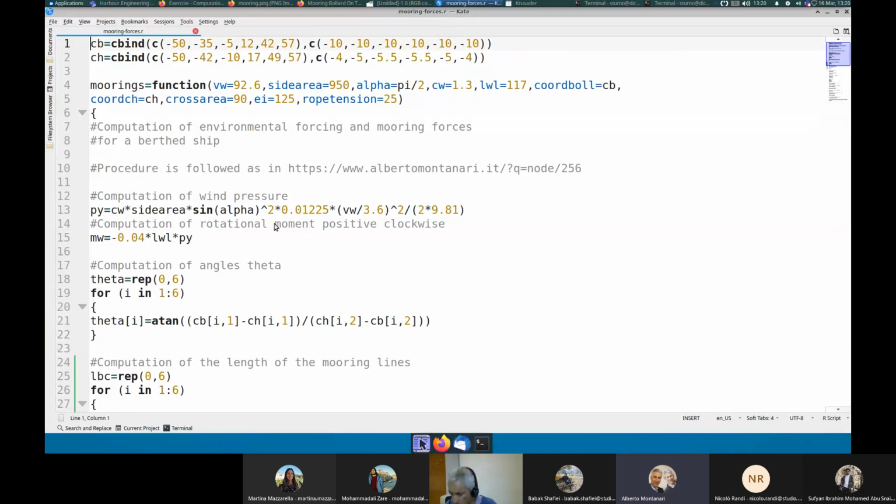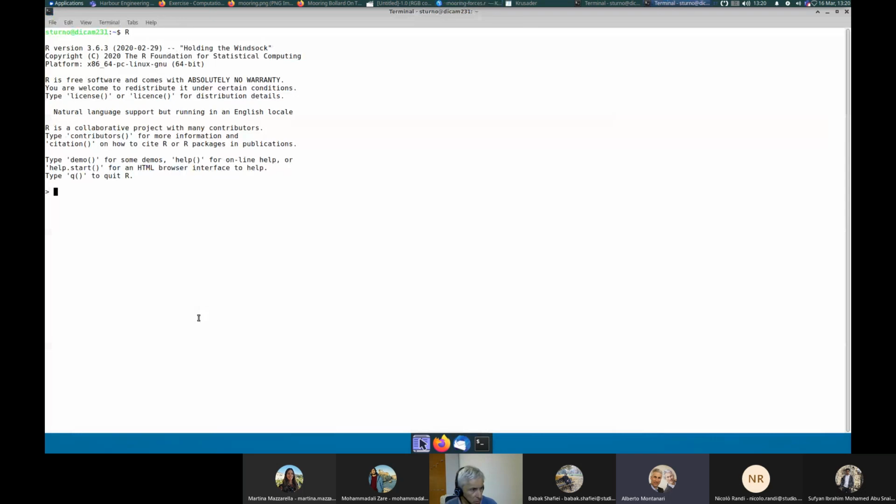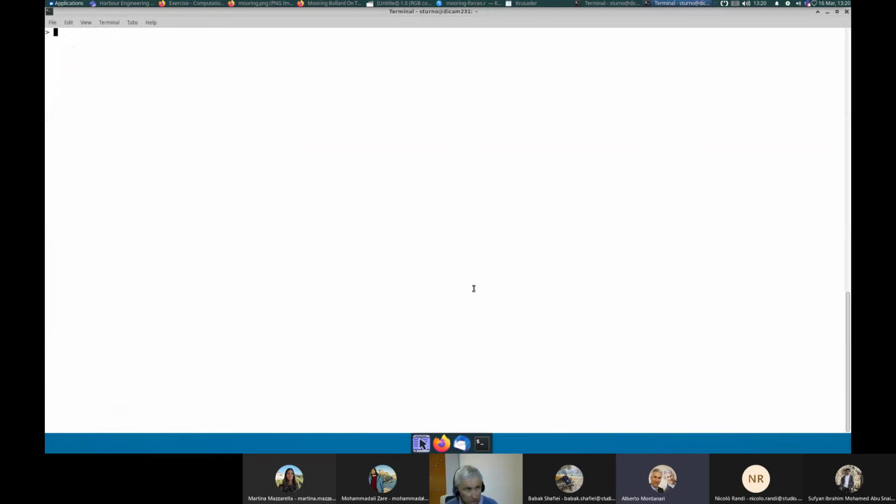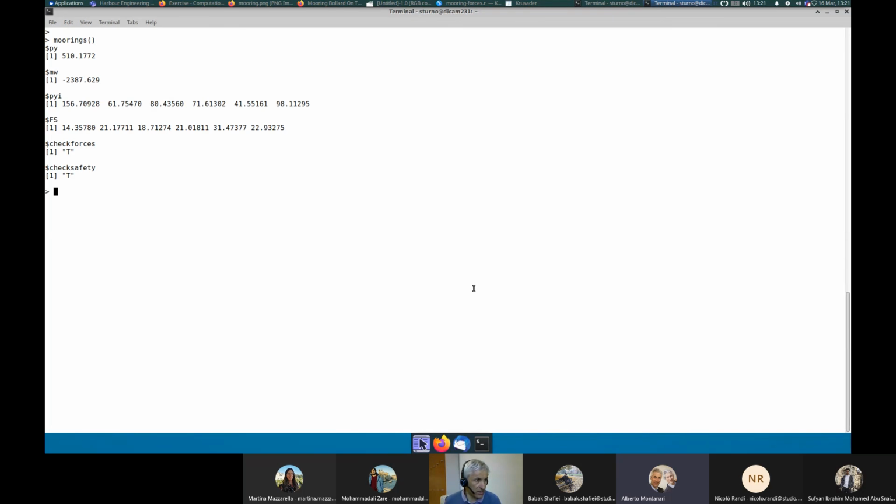I take the whole code and I copy all of it, and then I put it into an R console, paste. Okay, very good. Here we are. So this is an R console where I uploaded the whole function. And then I can show you what happens if I run moorings. Moorings. Okay, very good.